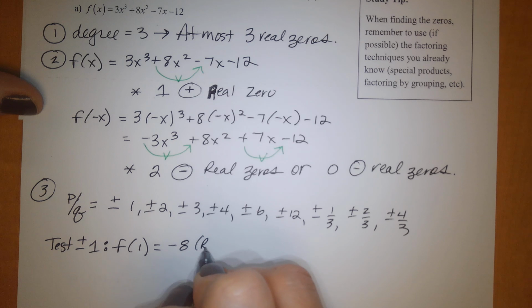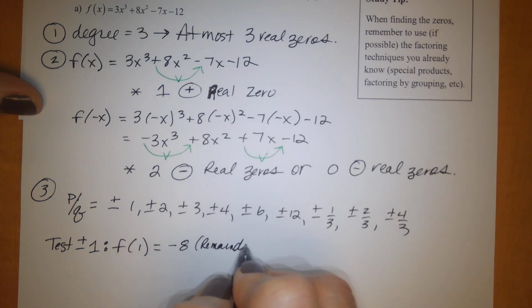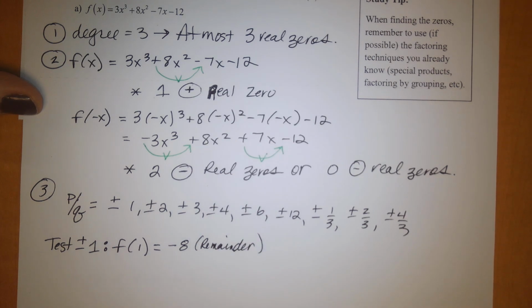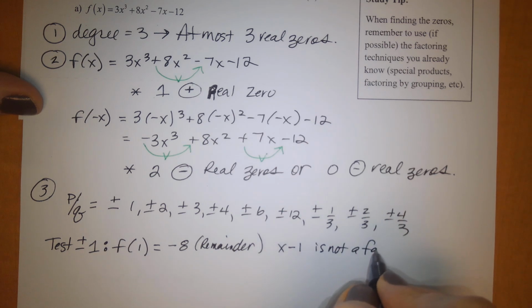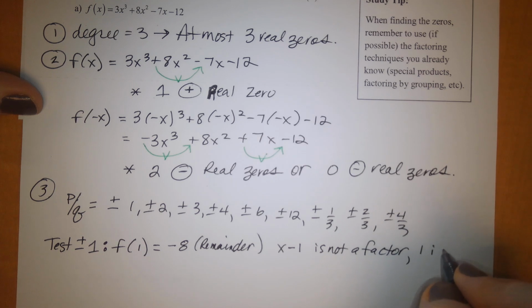Hey, that's a remainder. And remember what we said, when there is a remainder, that means that x minus 1 is not a factor, which also means 1 is not a zero.